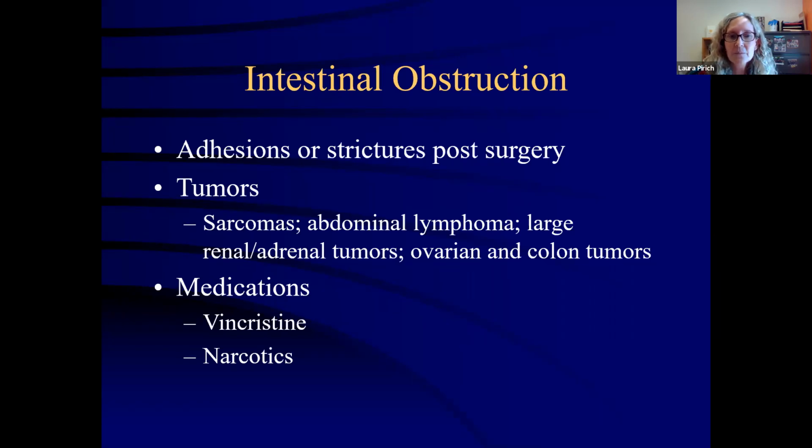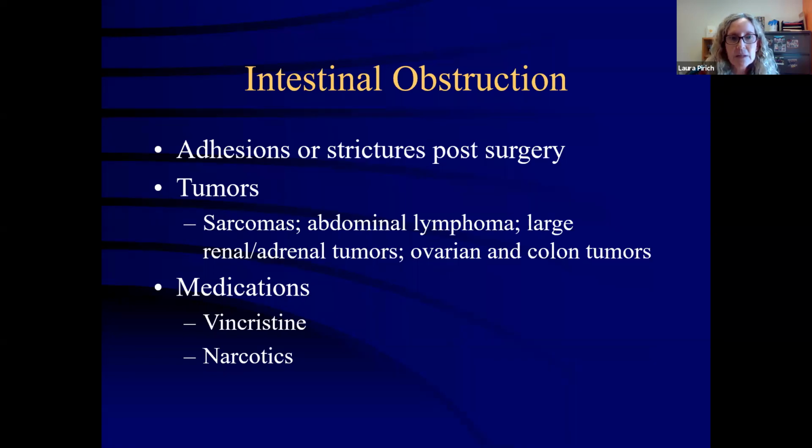Sarcomas, abdominal lymphomas, large renal tumors like large Wilms tumors, and neuroblastomas, and then ovarian and colon tumors, which we don't see very often in kids, can certainly cause adhesions or strictures post-surgery at any time, either right after or a prolonged period of time after. And let's not forget about our medications also.